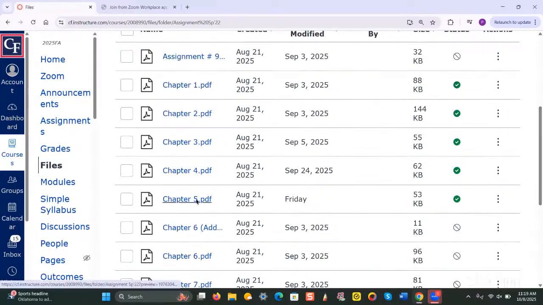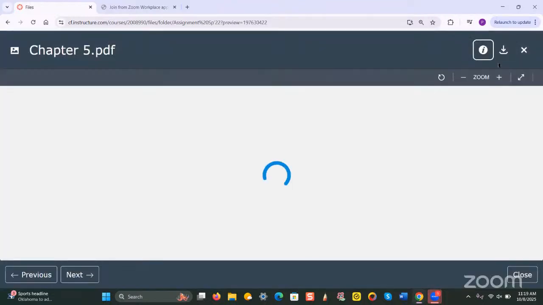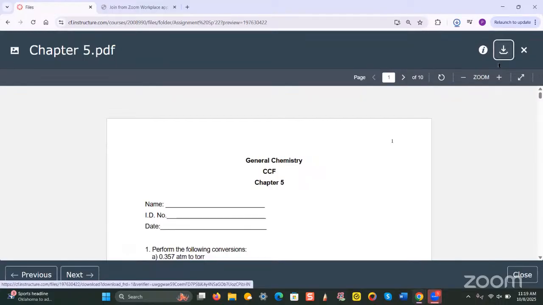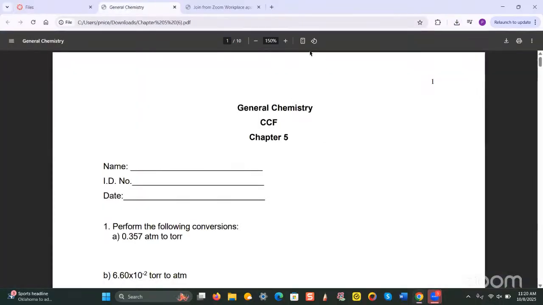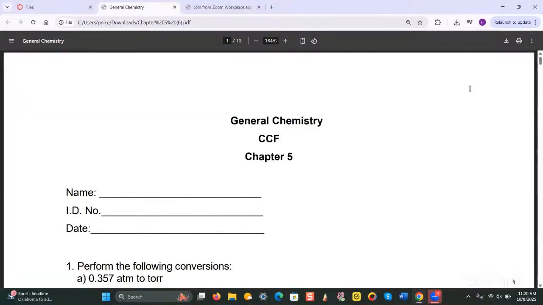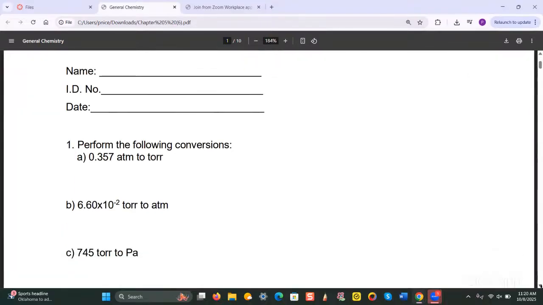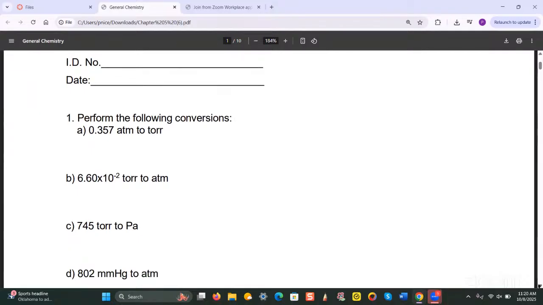Okay, so I did publish it already. Okay, so question 1 is pretty simple. It's all a matter of converting from one unit of pressure to another. So maybe I'll do 1 or 2 of these now.